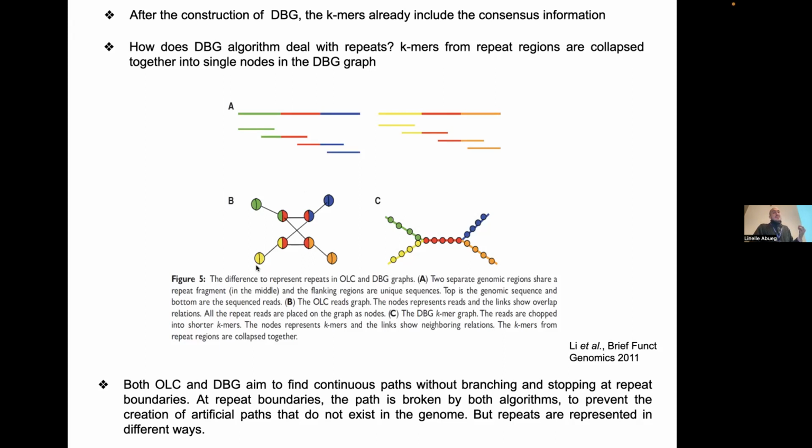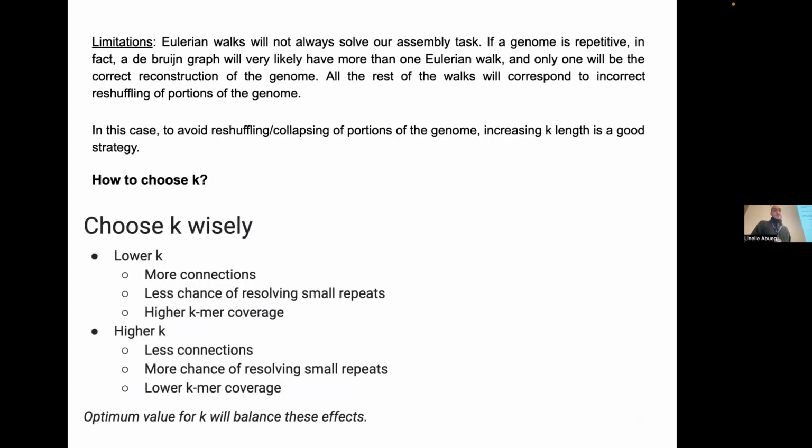Because these are the original reads and their overlaps, whereas in the De Bruijn graph, they are chopped into k-mers. So they look different. And this leads to different behaviors of these graphs, and they have to be treated separately.